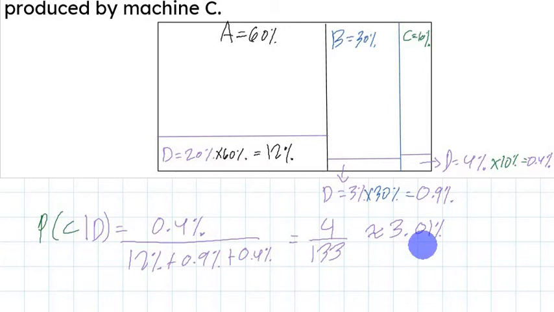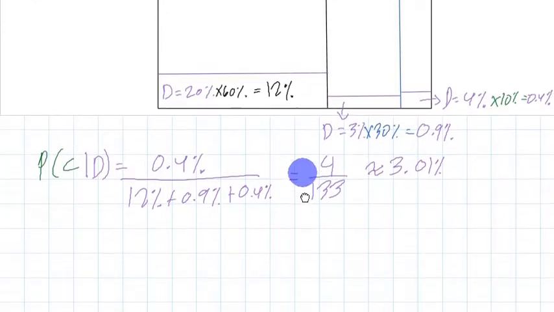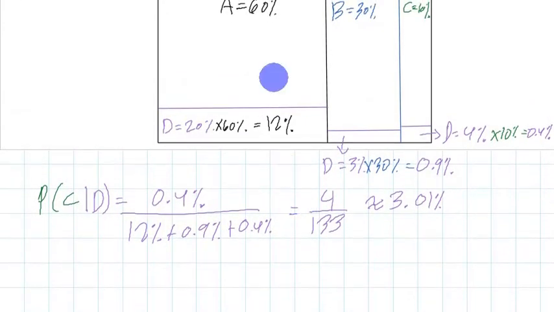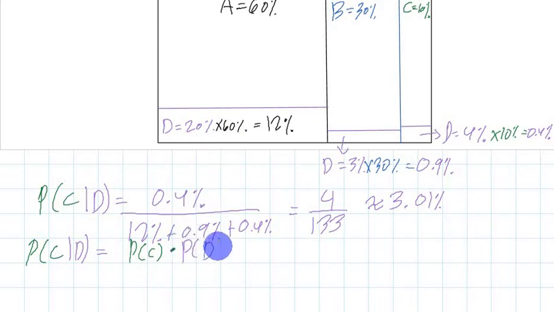Now, how do we solve it using our formula? So let's scroll down a little bit more. The probability of getting C given it's defective would be as follows. The probability of C multiplied by the probability that it's defective given it's from C, all over these values now.